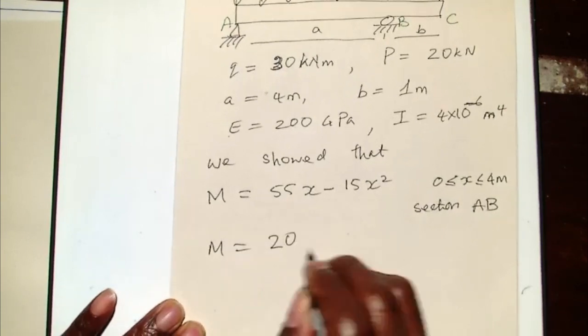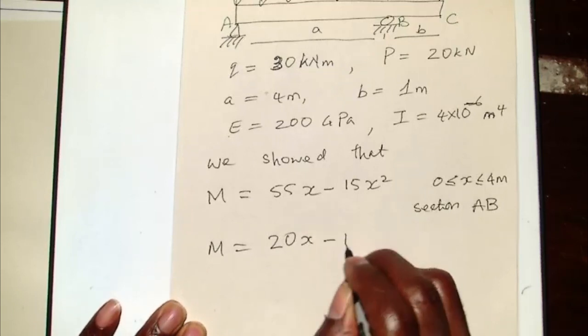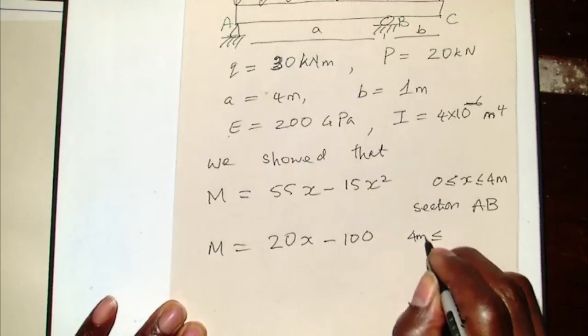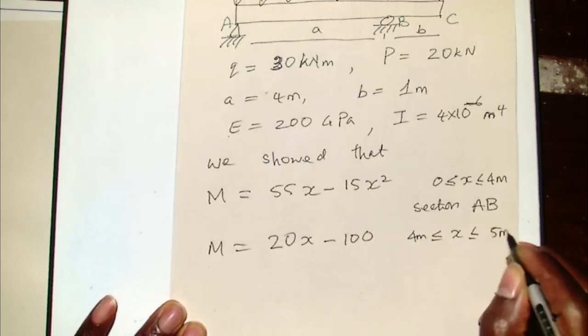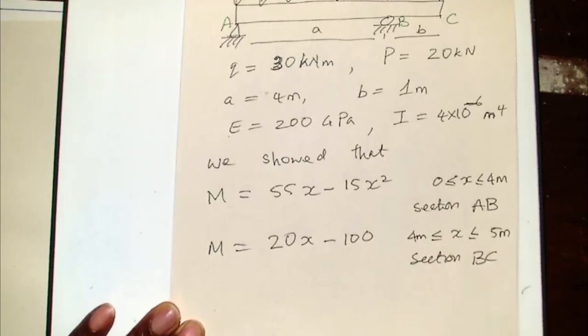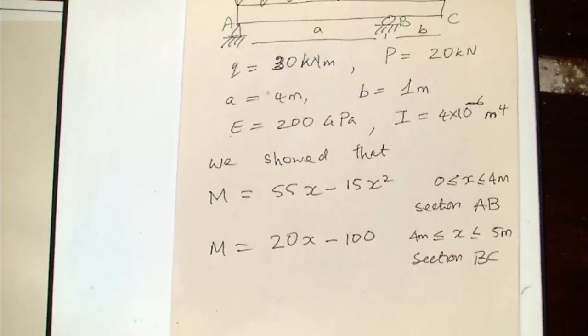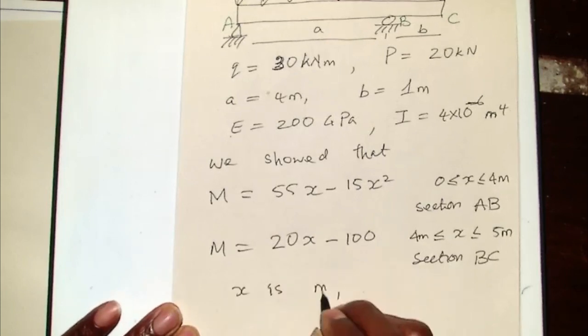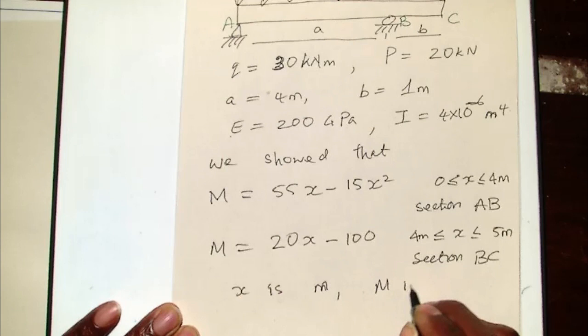The second part, we showed that it is 20x minus 100 for the section between 4 meters and 5 meters, and that is section BC. And for both, x is in meters, and M is in kilonewton meters.